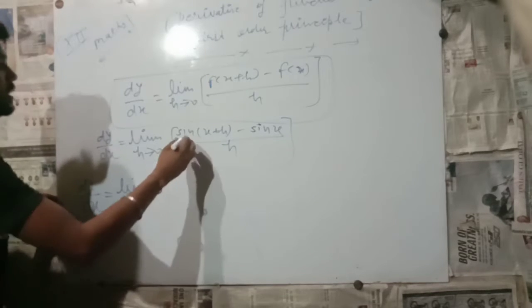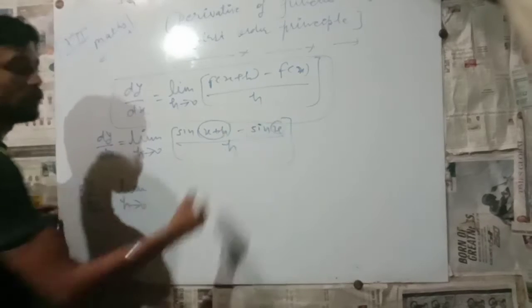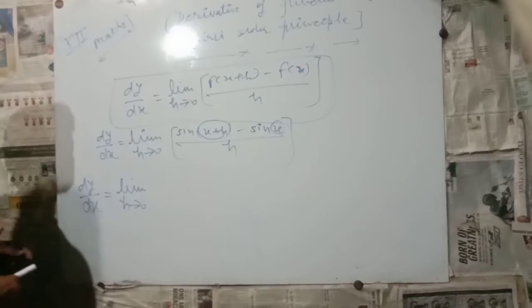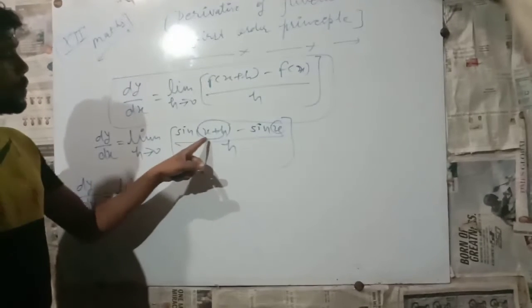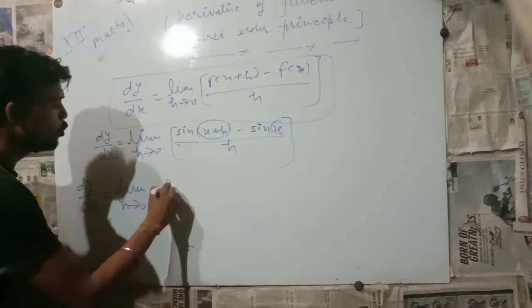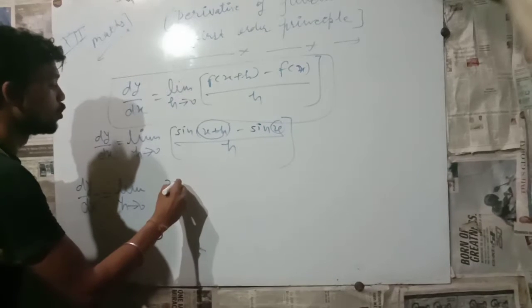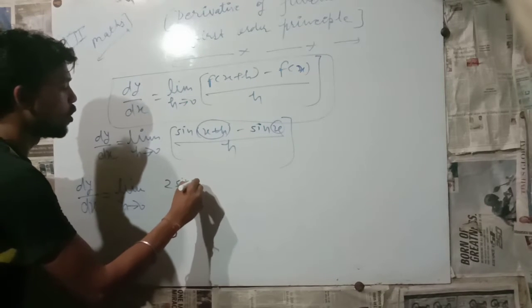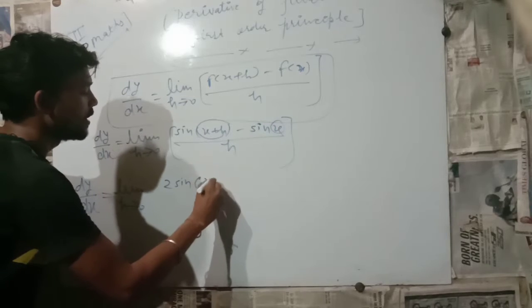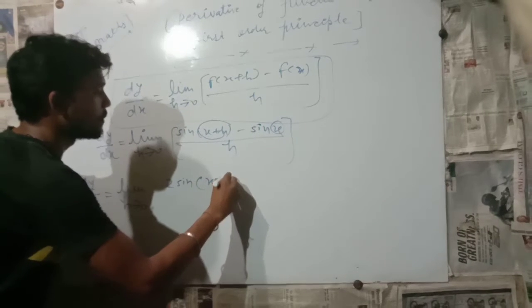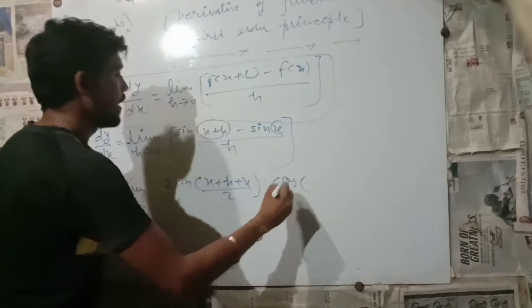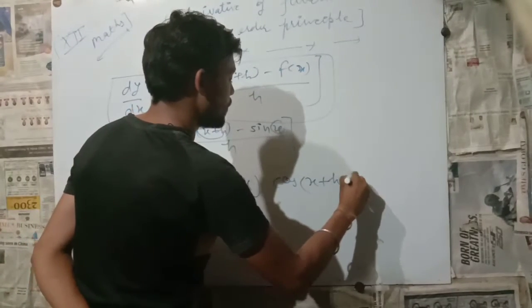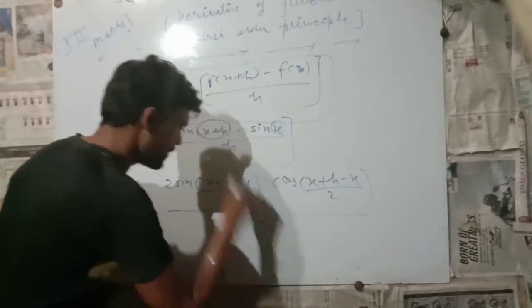dy upon dx is equal to limit h tends to 0 of sin c minus sin d. You can use the sin c minus sin d formula: 2 cos of (c plus d) upon 2 into sin of (c minus d) upon 2. Here c plus d is x plus h plus x upon 2, into sin of x plus h minus x upon 2, upon h.